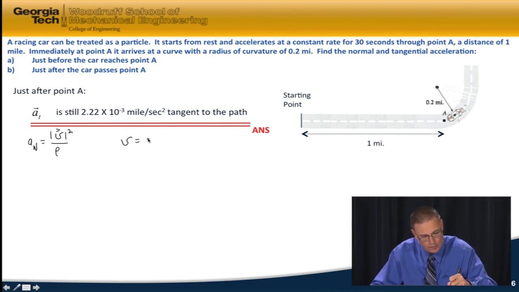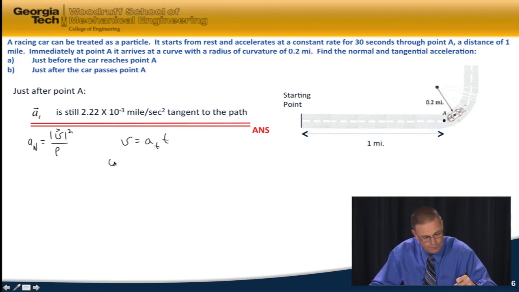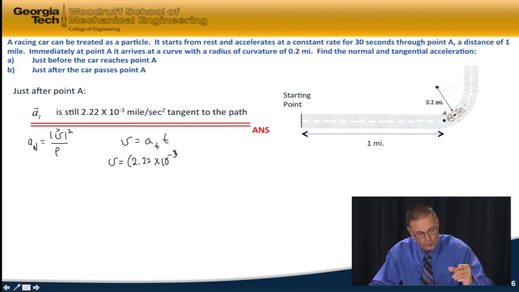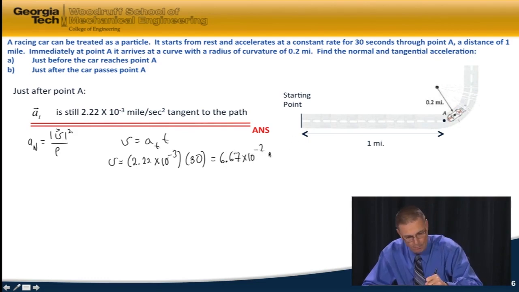We found that the velocity was equal to A tangential times time. We know at this point we'll have gone through 30 seconds of time, so we have V equals 2.22 times 10 to the minus 3 times 30 seconds, which is going to end up being 6.67 times 10 to the minus 2 miles per second.